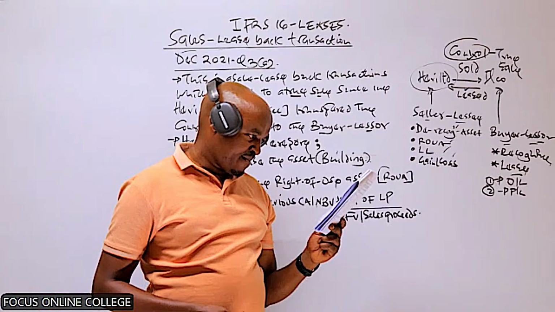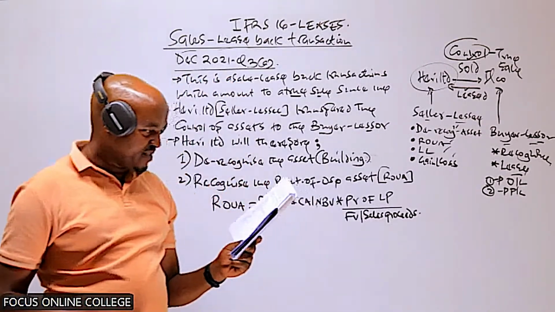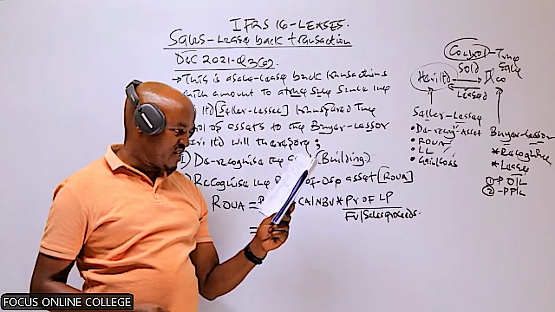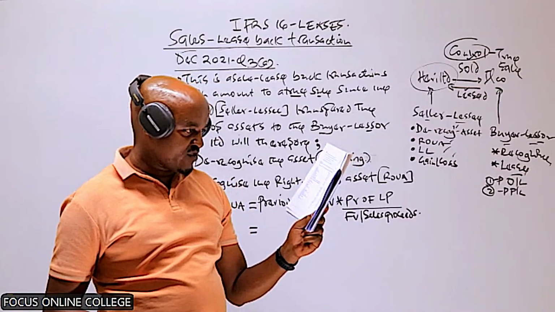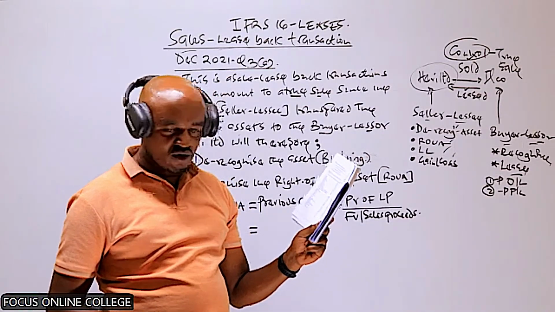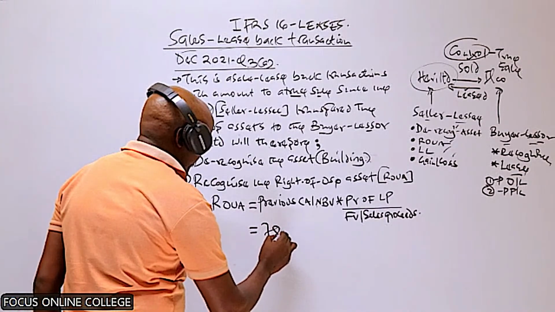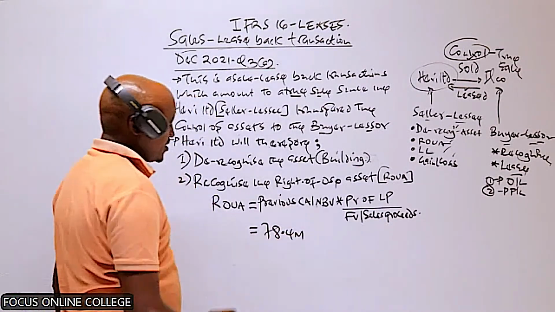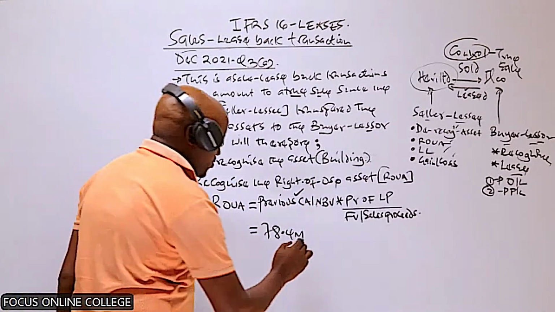It is 78.4. We are told in sentence 1 that HNL Limited sold a building at the fair value of 112 million to a finance company on 31st October 2020, when its carrying amount was 78.4. That is the net book value of the asset before it was sold.